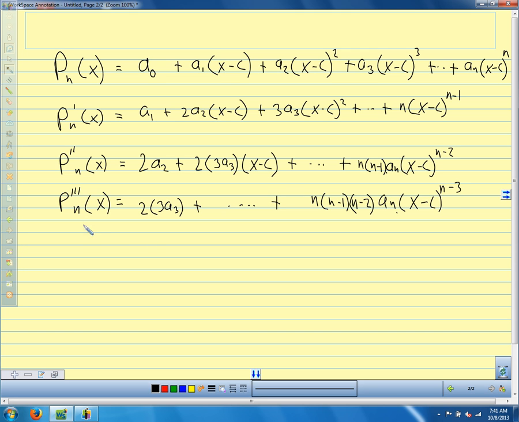And finally, if I take the nth derivative, all I'm left with after n derivatives is n times n minus 1, n minus 2, dot dot dot, times 2, times 1, times a sub n.